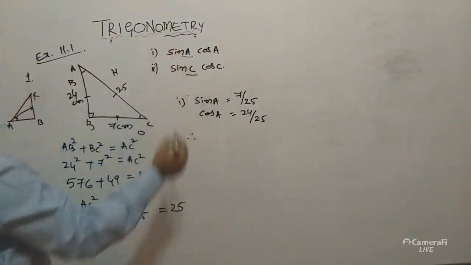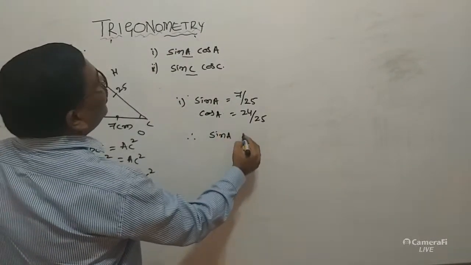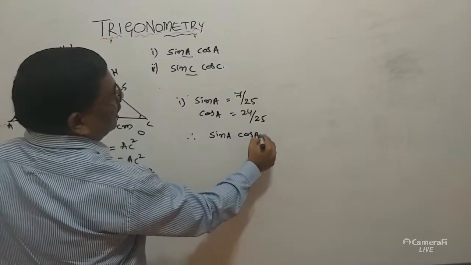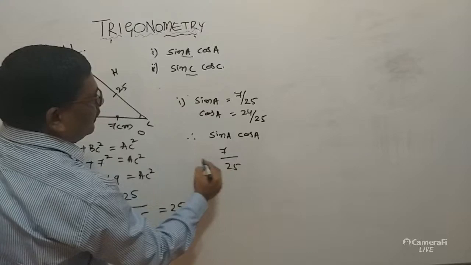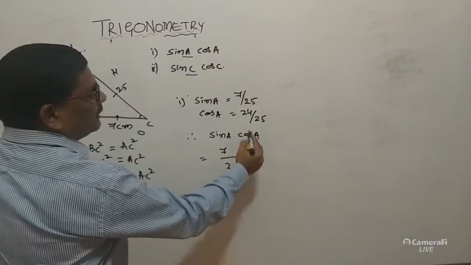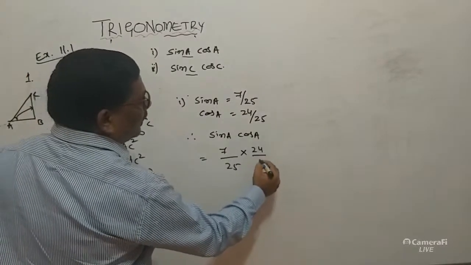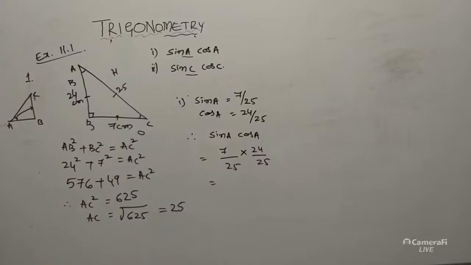Therefore, according to the question, sin A is 7 by 25, and cos A is 24 by 25. Wait, they asked for them separately, not the product.